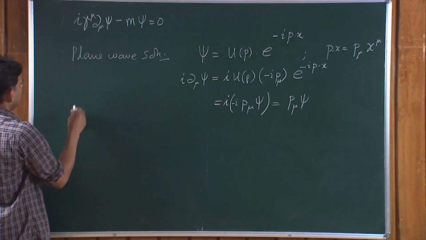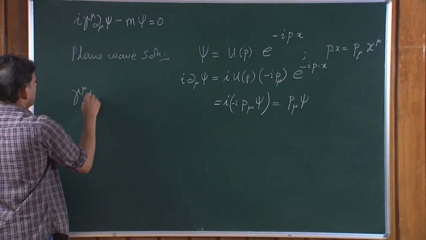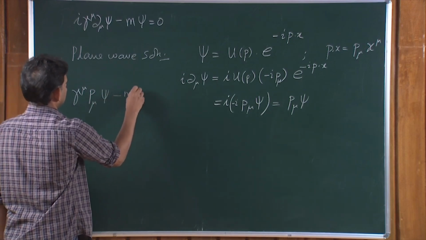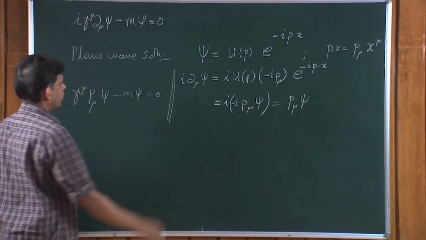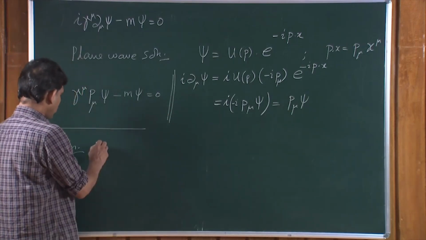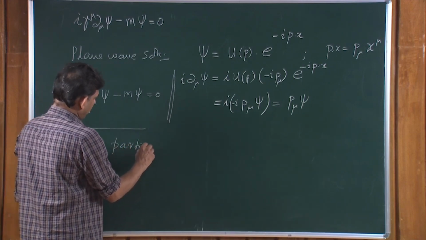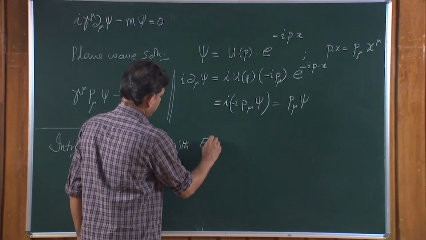So, when you look at it this way, the Dirac equation can be written as gamma mu p mu psi minus m psi. Now consider the interaction of particles with the electromagnetic field.